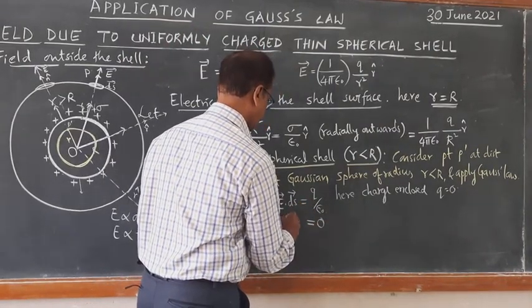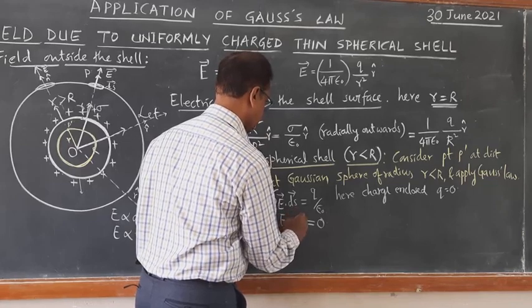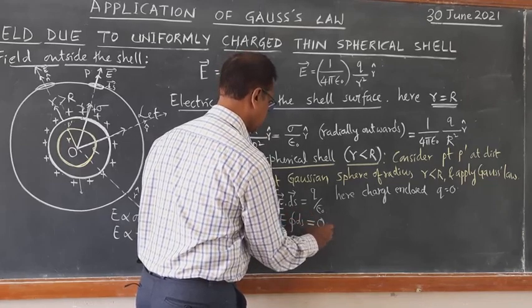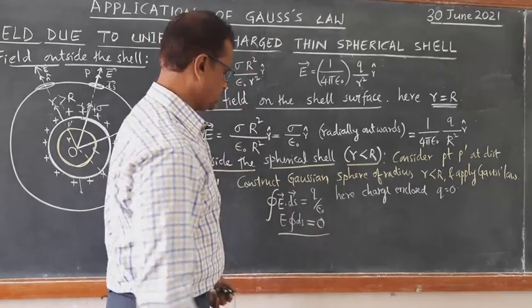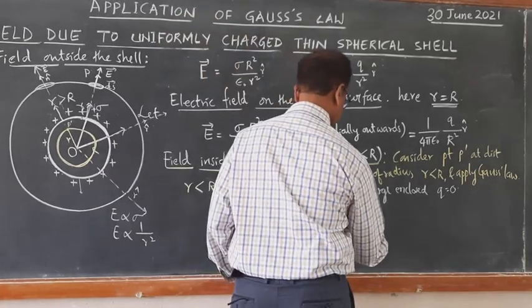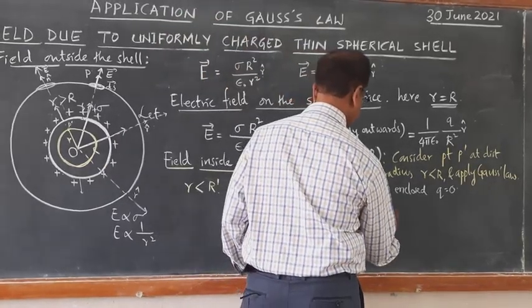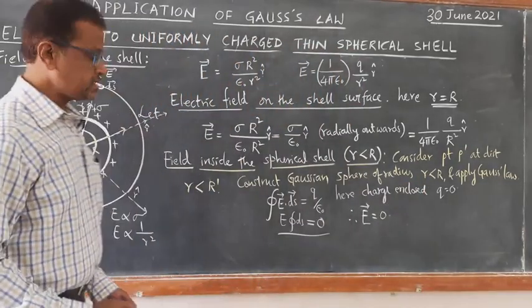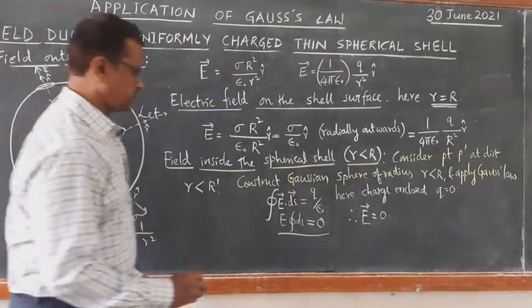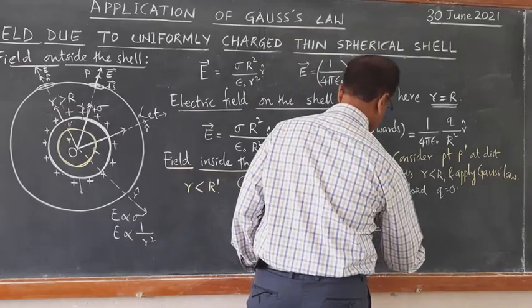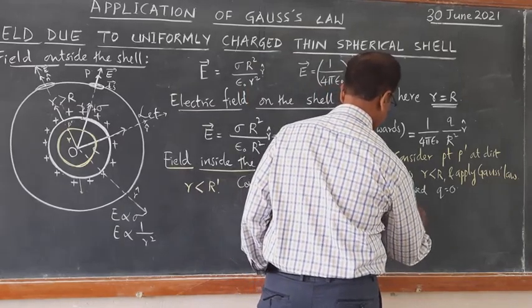Therefore E dot ds, even if you take E outside and keep ds, is equal to 0. This implies the electric field E is 0 inside the spherical shell. So the electric field is 0 inside the spherical shell.